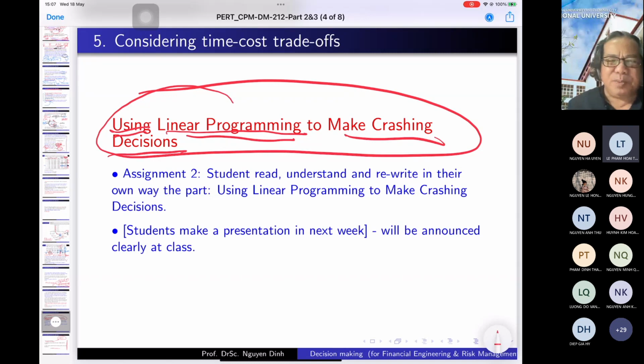If the project has about 10 activities, it is quite easy. But in the case you have 50 nodes, even finding all the paths is very hard. So this way is not the nice way.